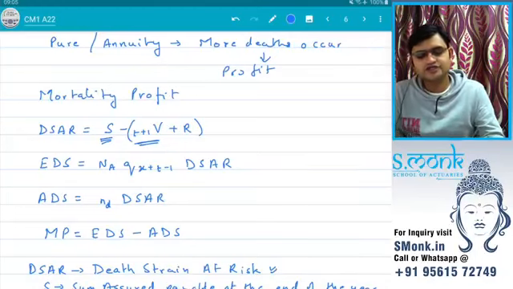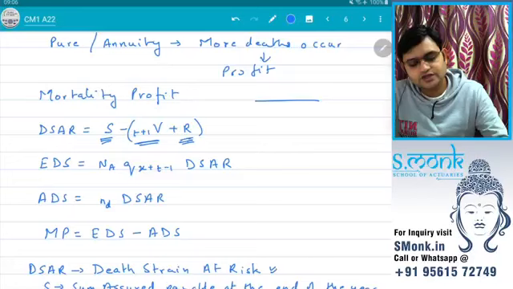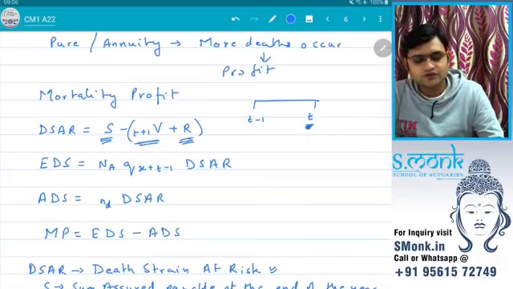And if we were talking about any annuity that was supposed to be given at the end of the year, we are not going to pay that. We are assuming the death is occurring between time t minus 1 and time t. So you are calculating death strain at risk for this year, year t.